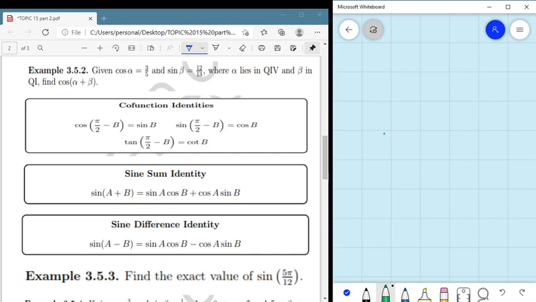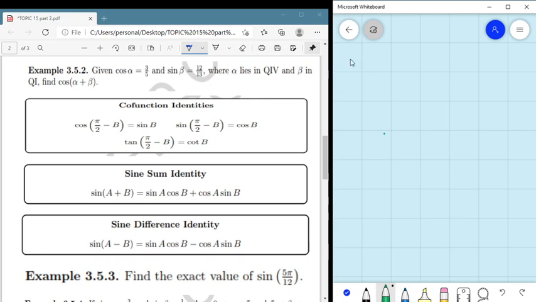Example 3.5.2. We are given here cosine alpha is equal to 3 over 5 and sine beta is equal to 12 over 13, where alpha lies in quadrant 4 and beta in quadrant 1. So we are to find cosine of alpha plus beta.